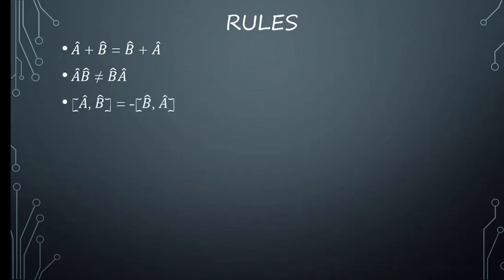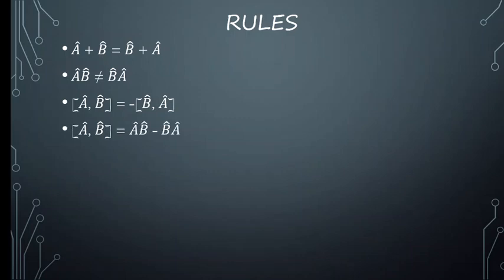Next is based on the inner products. If you consider two operators, operator A and operator B, and take the inner product, it will be equal to minus of the reverse of those two. So the inner product of A cap B cap will be equal to minus the inner product of B cap A cap.